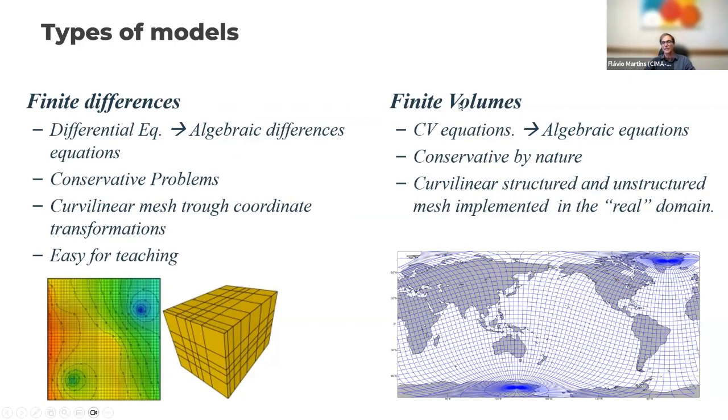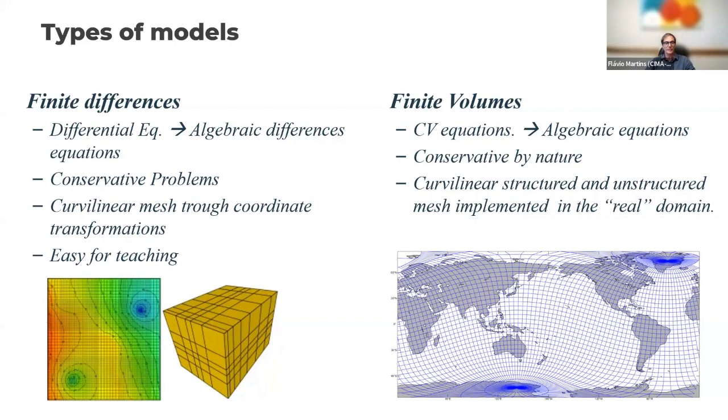Okay, and in the finite volumes, we don't start with the differential equations, we start with the control volume equations already discretized in the cells, and we create the algebraic equations from these control volume equations. So the most important difference between the two is that finite differences have conservation problems, so they cannot conserve the variables completely, and the finite volumes are conservative by nature.